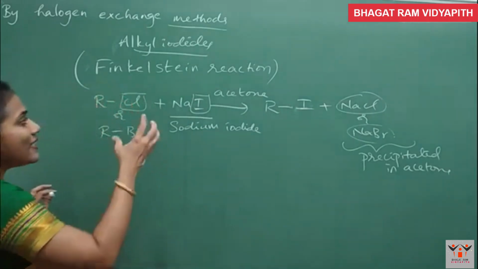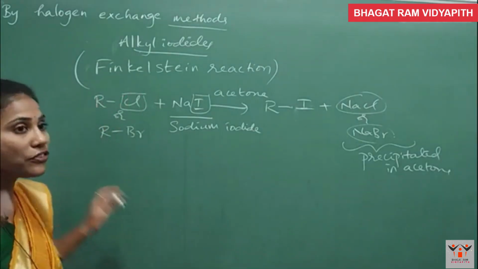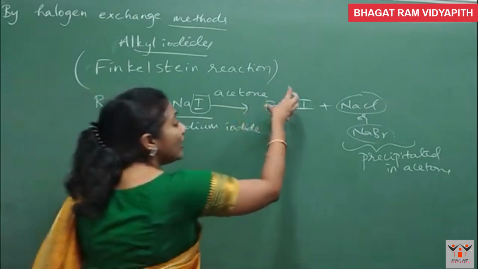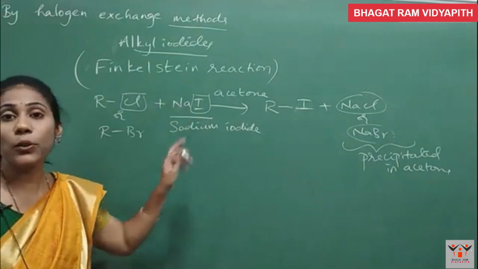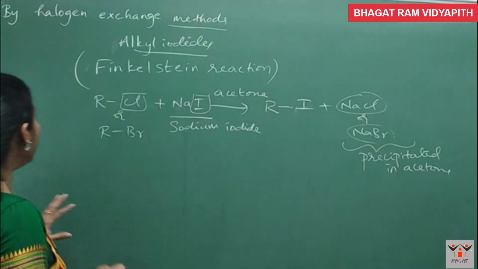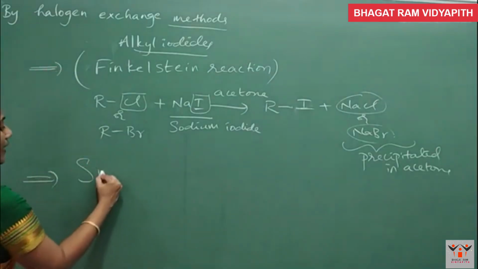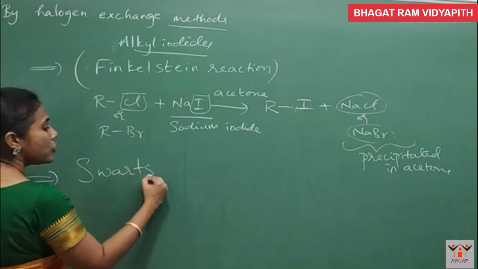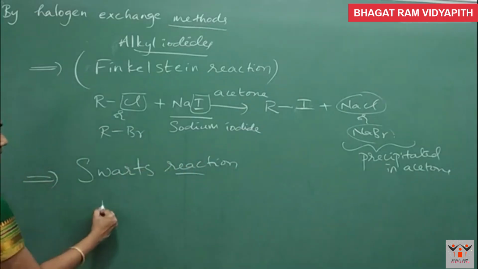So that is all about the Finkelstein reaction. The Finkelstein reaction is the exclusive reaction to prepare alkyl iodides. Remember, the reagent we use is NaI, sodium iodide. Similarly, we have another named reaction in the chapter, that is the Swarts reaction. What we do in the Swarts reaction is the same thing.